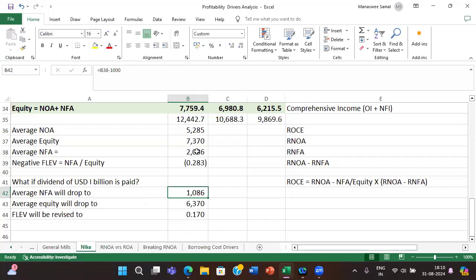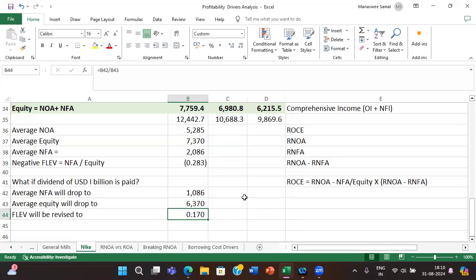So two figures are getting corrected. Equity of 7370 will drop to 6370, and average NFA will drop from 2086 to 1086.